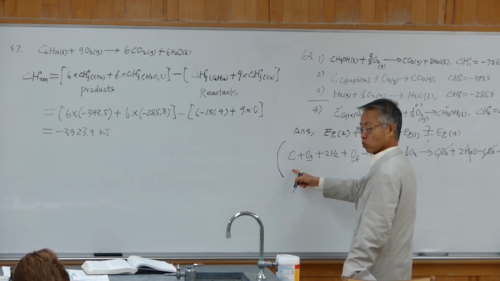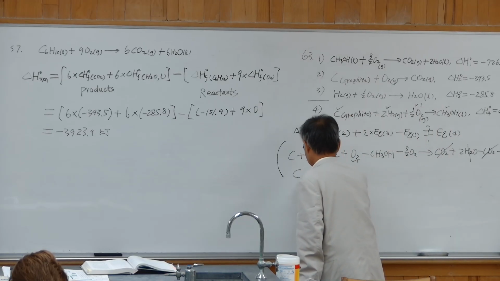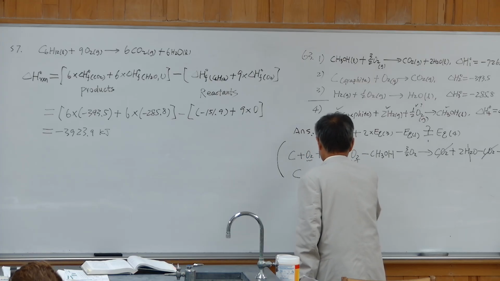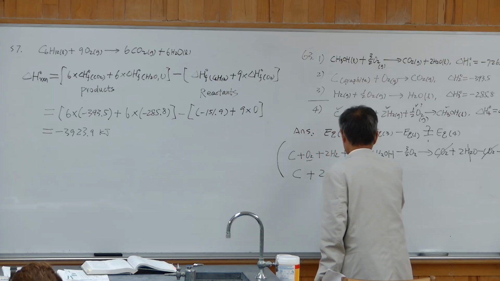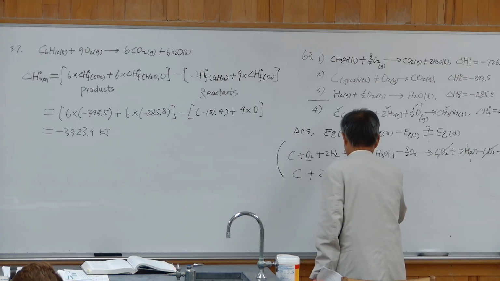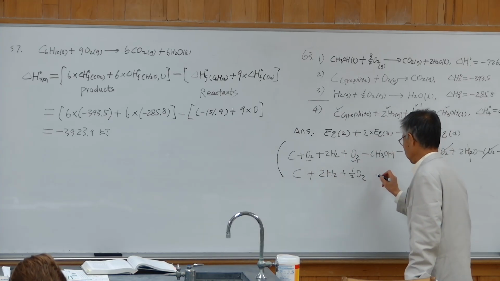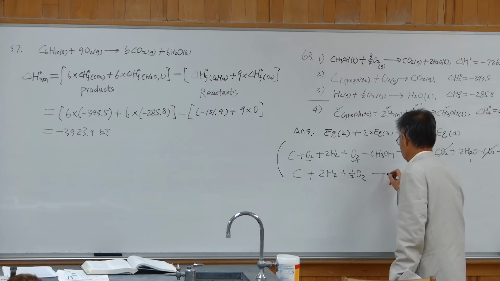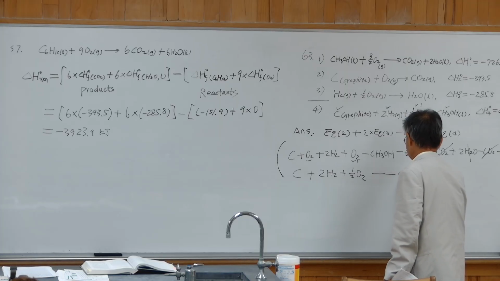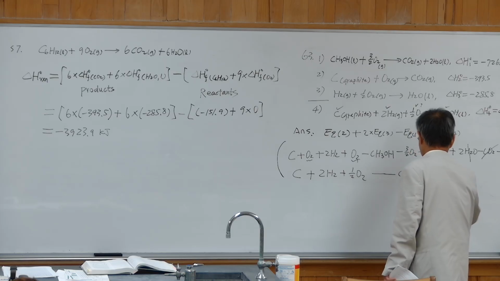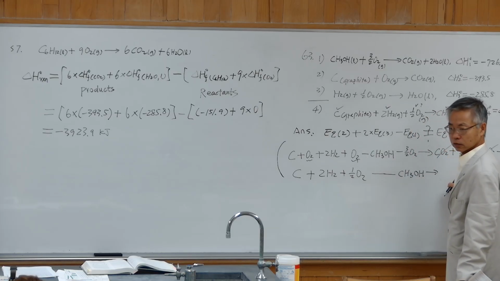Carbon, only 1 carbon, nothing can combine. So carbon, 2 oxygen, also nothing can combine. Then oxygen is 1/2 of oxygen. 1 minus 3/2, 1/2. Then minus CH3OH. Right side, nothing left.